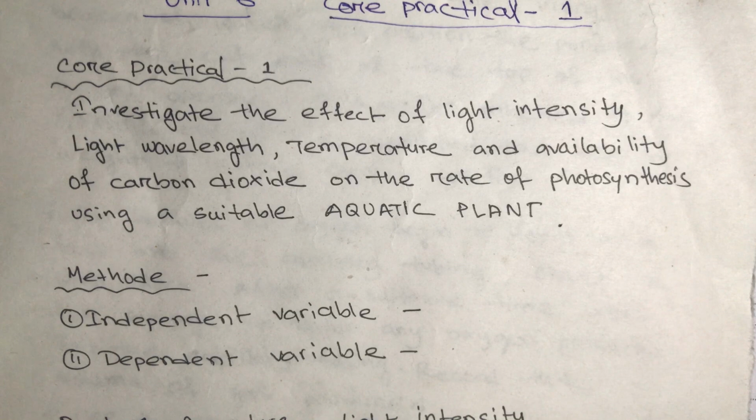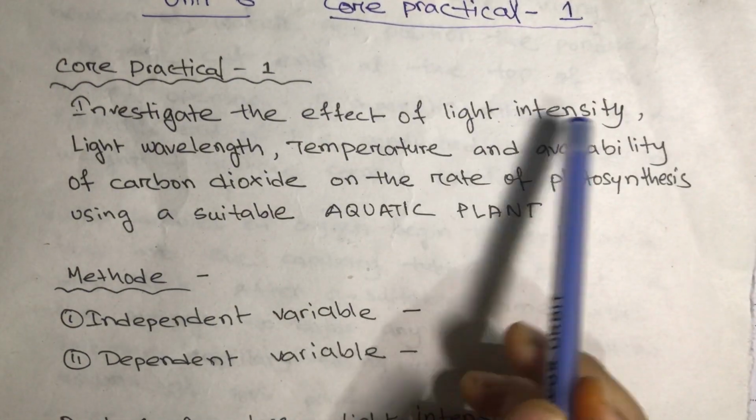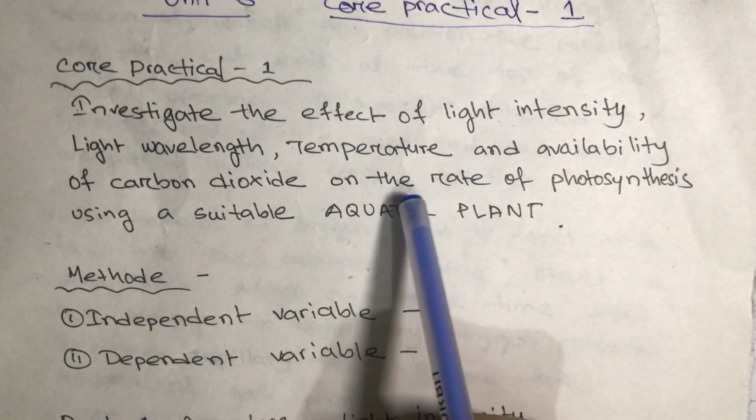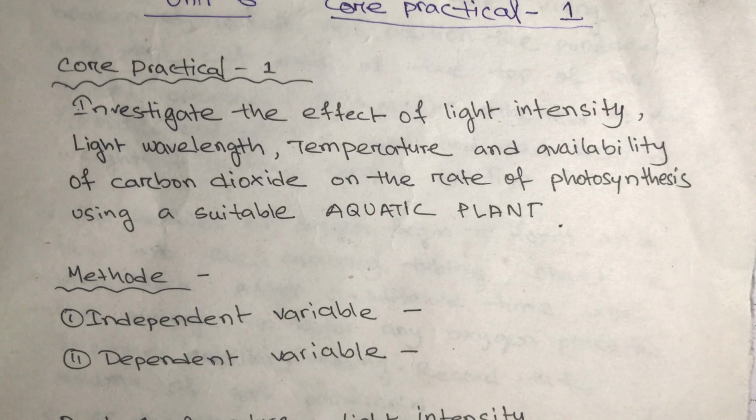So how can we do this investigation? How can we measure the rate of photosynthesis? We can measure the rate of photosynthesis by the production of oxygen. The rate of photosynthesis increases when the amount of oxygen increases.